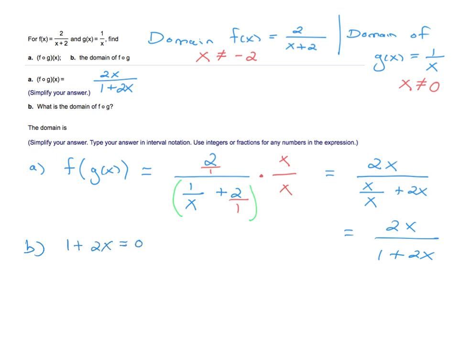I don't want that number in my answer. So, we would subtract 1 from both sides. We get that 2x is equal to negative 1. We would divide both sides by 2. And okay, we cannot use x is equal to negative 1/2. So for my domain, I want to exclude negative 1/2.